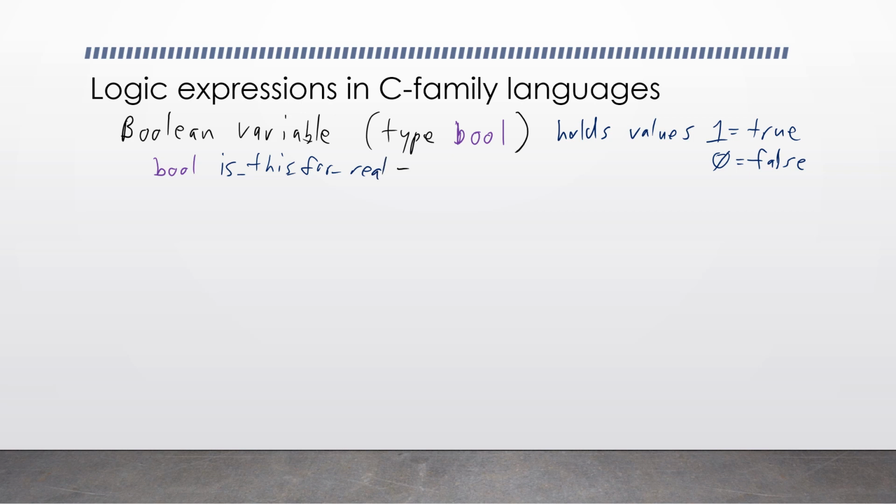So if I had a Boolean variable is this for real, I can give it the value true. Okay, and there we go. That brings to mind one. That's actually a bad variable definition.